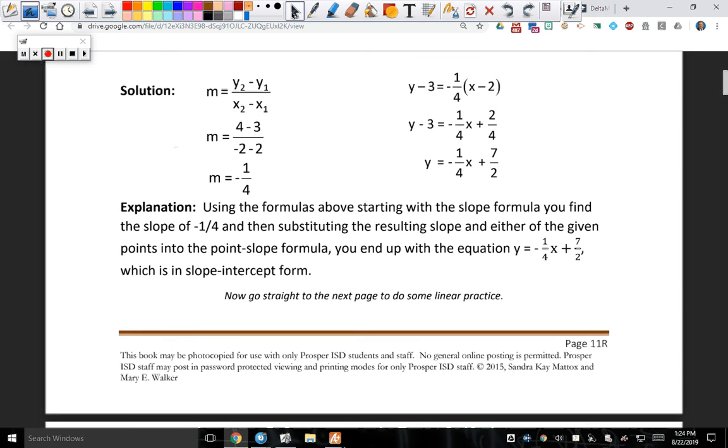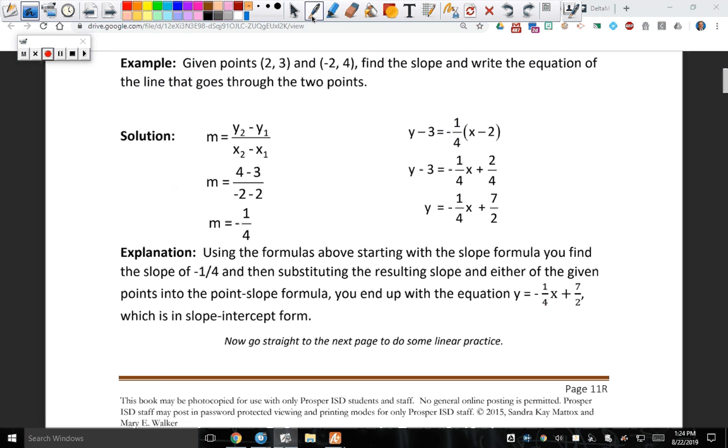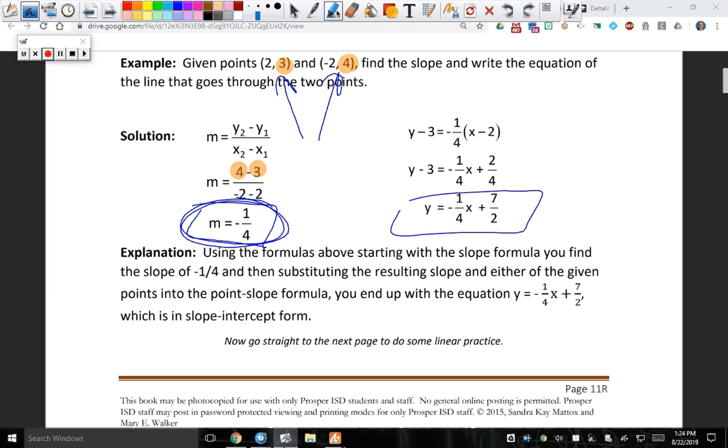Let me give you an example. So, real quick, we know how to get slope between 2 points. Look what they did. They did y1 minus y2 over x, or you know what I'm saying, to get the slope, and they get the slope of -1/4. If I asked you to give me what equation would have this slope going through these points, you should know that you could pick any one of these points, and they chose to pick 2, 3.